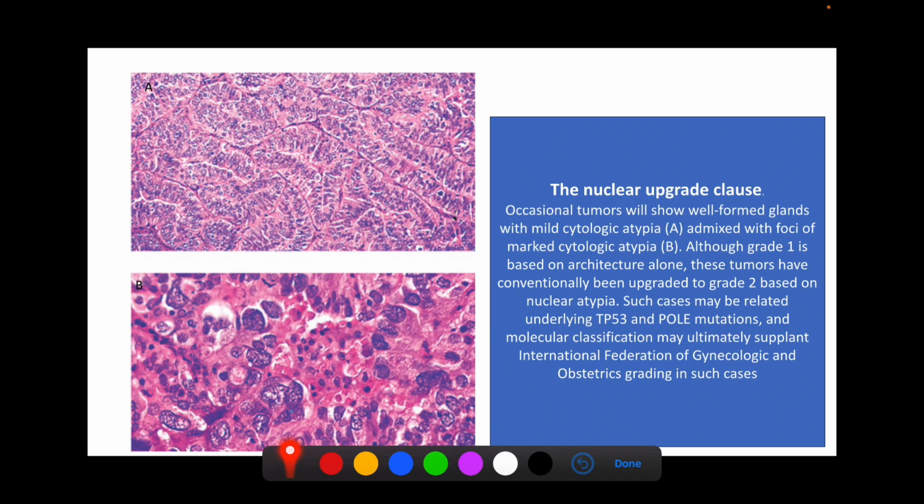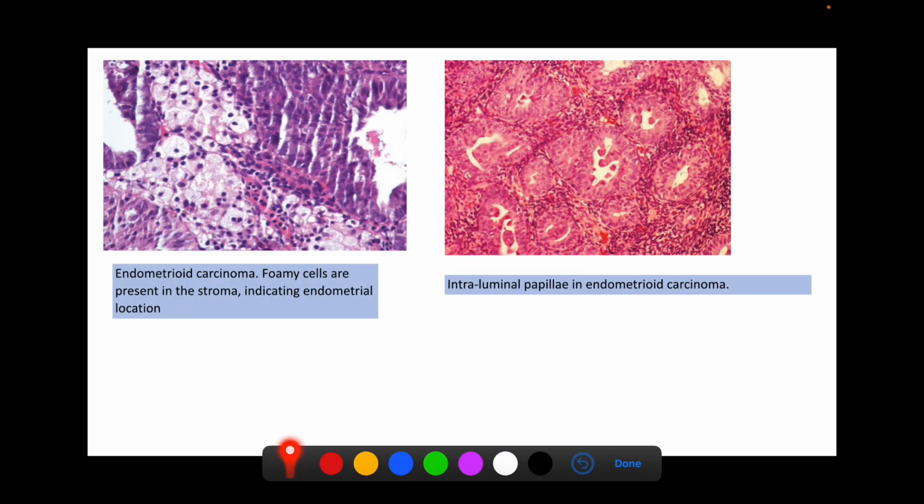Then we have to upgrade this grade 1 to grade 2 based on the nuclear atypia. So if well formed glands and marked nuclear atypia are both seen, then it is grade 2. And this tumor is generally having TP53 and POLE mutation in this case.